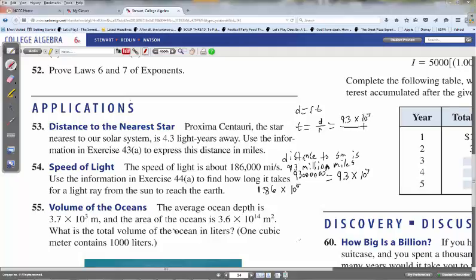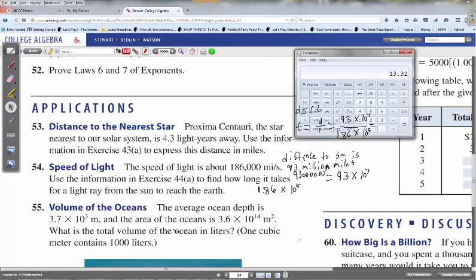Our rate is 1.86 times 10 to the 5th. 9.3 divided by 1.86. Probably going to have to round this one. 9.3 divided by 1.86. Oh, that goes in evenly.